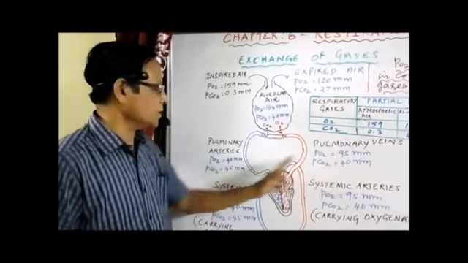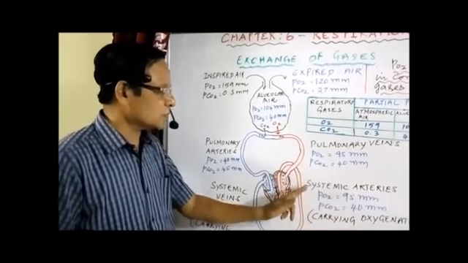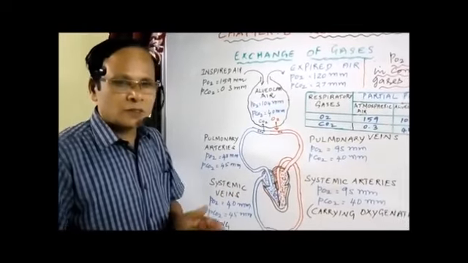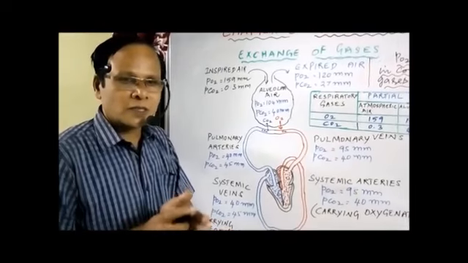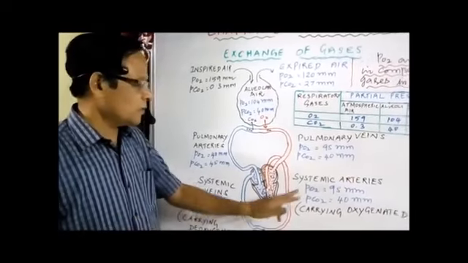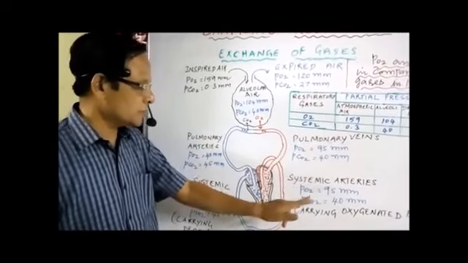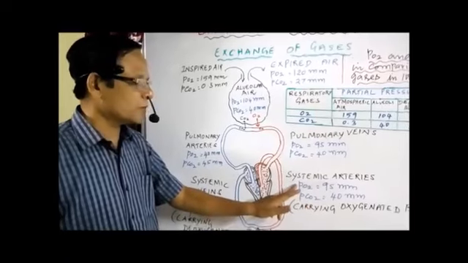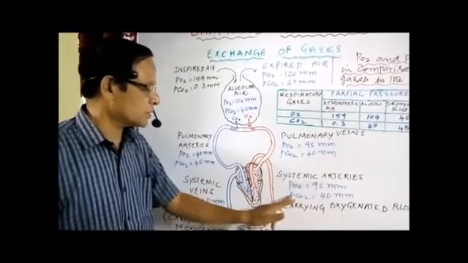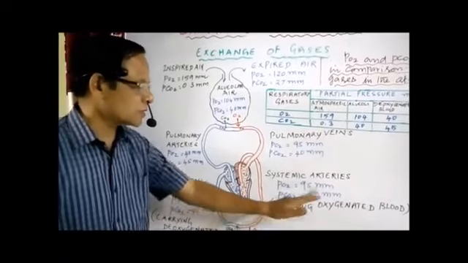Now the blood is transported through systemic arteries. Systemic arteries are blood vessels which carry oxygenated blood to the tissues. In the systemic arteries, the level is the same as in the pulmonary veins, that is 95 millimeter mercury of PO2 and 40 millimeter mercury of PCO2.